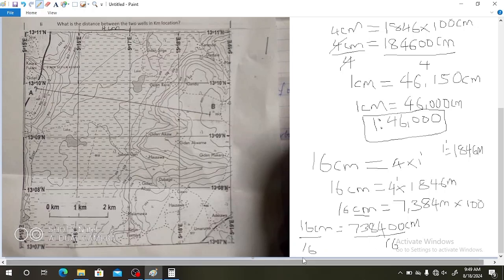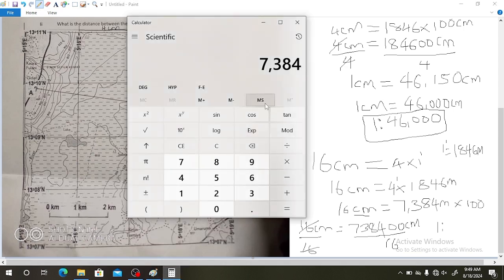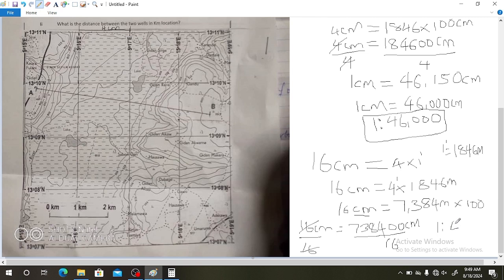I'll bring my calculator. This 16 will go with this 16. You are left with 1 is to 738,400 divided by 16, equal to 46,150.